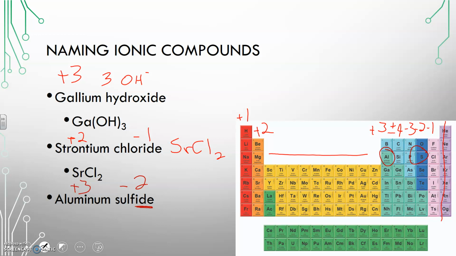You're going for a total of +6, so you want a +6 and a -6. That will equal 0. Now you have to multiply aluminum by 2 to get that +6, and your sulfide by 3 to get that -6. So this one turns out as Al2S3.